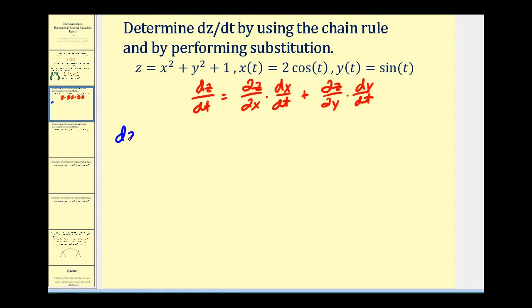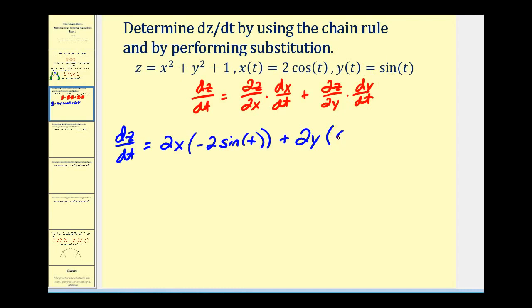So we'll have dz/dt equals the partial derivative of z with respect to x, so we're treating y as a constant, that'd be 2x, times dx/dt, well x equals 2 cosine t, so we'll have negative 2 sine t, plus the partial of z with respect to y is going to be 2y times the derivative of y with respect to t.